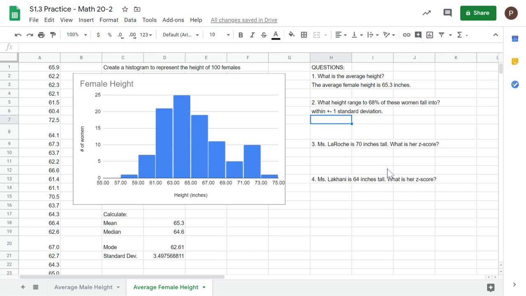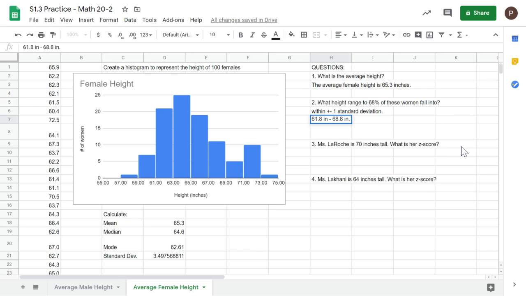I want to go 3.5 inches below 65.3. If I do that calculation, 65.3 minus 3.5 tells me the low end of that range is 61.8 inches. And then I'm going to go 65.3 plus 3.5 to 68.8 inches.